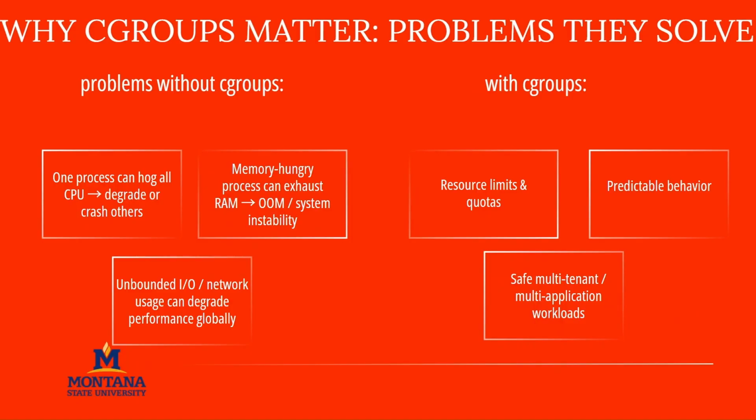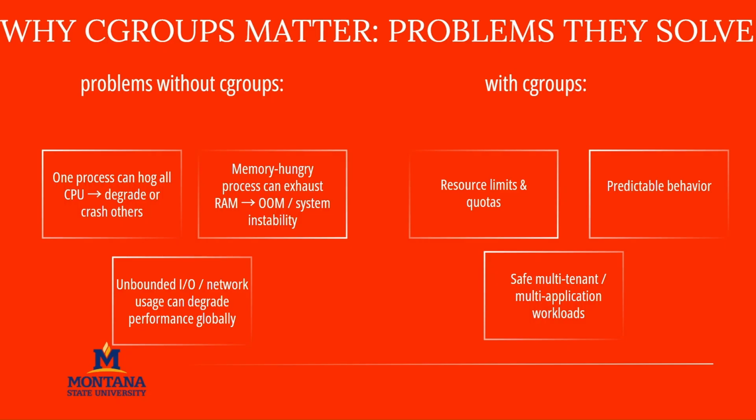So, why do cgroups matter? Without cgroups, a single misbehaving process could consume all the CPU, eat up all of the RAM, or saturate disk input-output or network. This would bring down other workloads or even crash the system. This is especially problematic on shared servers or multi-tenant environments or when running many applications at once.